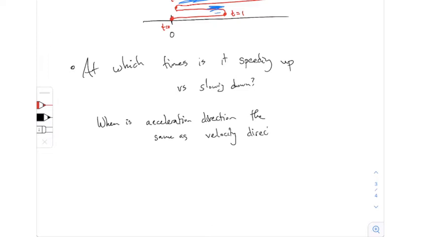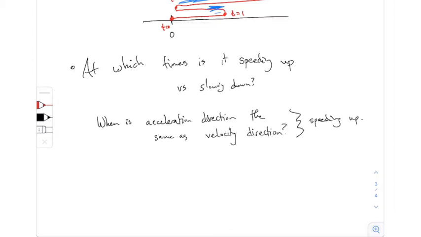That means speeding up, right? If it's moving to the right and also accelerating to the right, that means it's speeding up. Or if it's moving to the left and also accelerating to the left, that means it's speeding up. And when those two directions are opposite, that means it's slowing down. If it's moving one way but accelerating in the reverse way, it means it's slowing down.